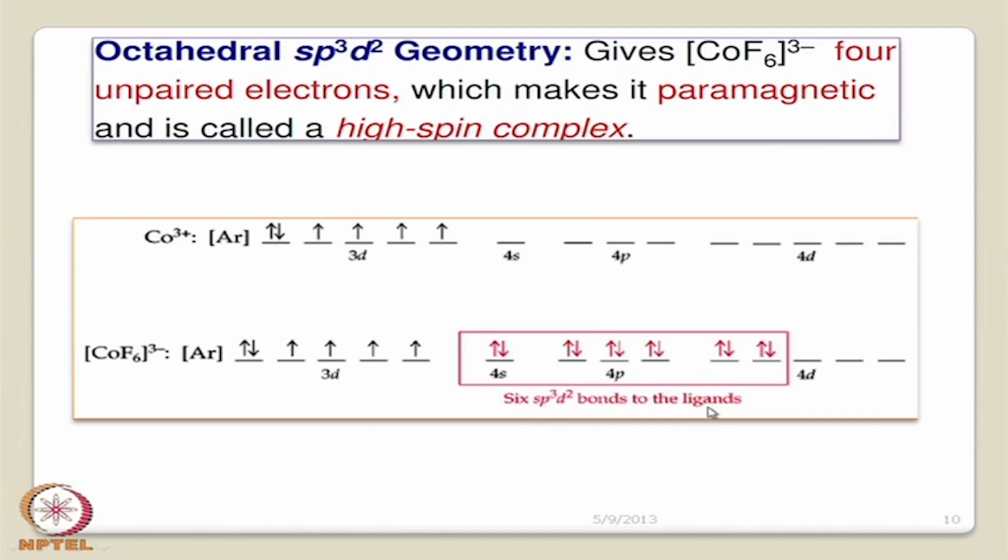So these bonds give rise to the 6 sp3d2 levels for the typical hybridization of the hexafluorocobaltate compound. So this hexafluorocobaltate compound has 4 unpaired electrons, giving rise to 4 electron paramagnetism.